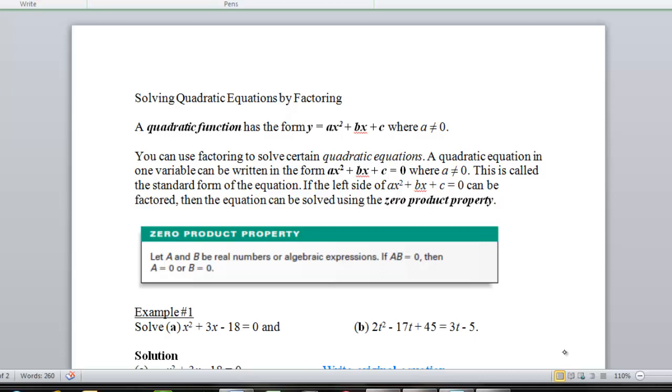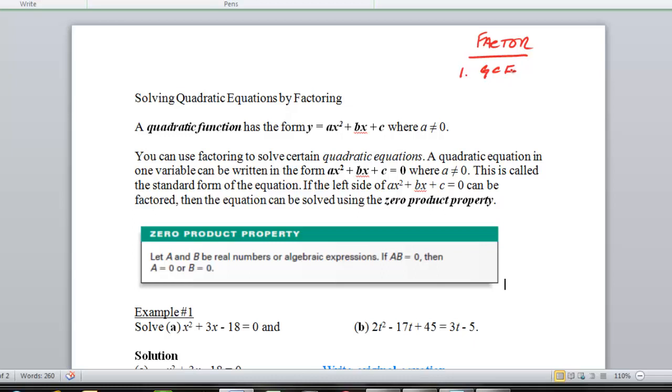Up to this point, you should have learned multiple ways to factor. So I just want to quickly review the methods that you learned. The first thing we learned is how to factor out a common monomial, which we call a greatest common factor, GCF.